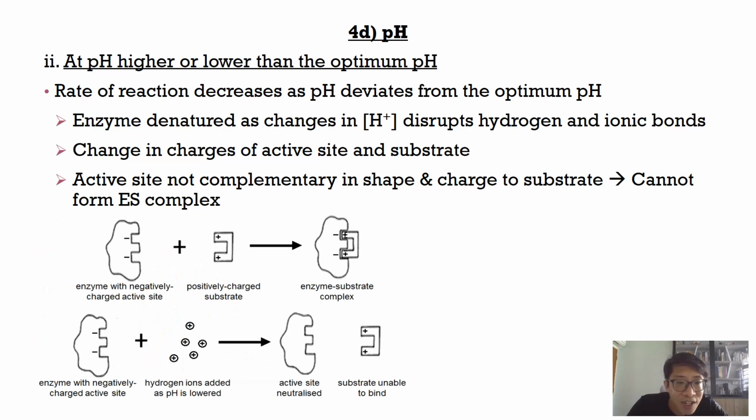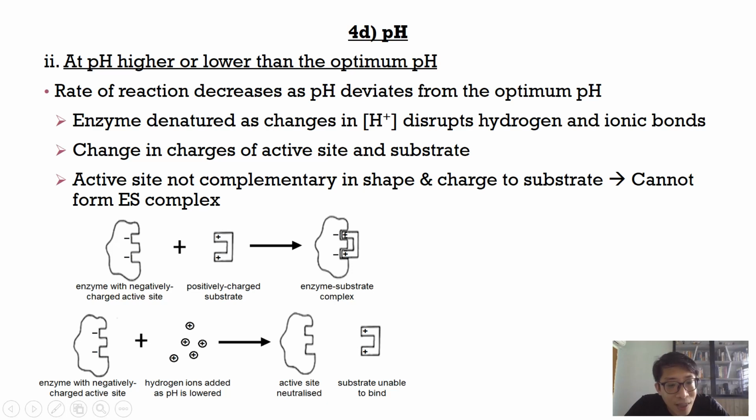So a picture here describes the change in the charge of the active site. The substrate is positively charged, and therefore the active site carries a complementary negative charge, and therefore the substrate and enzyme are able to bind to form the enzyme-substrate complex.